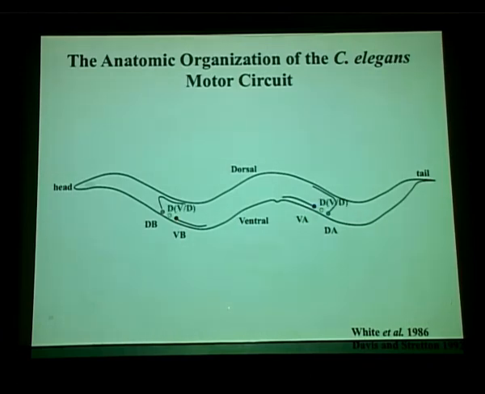A third class of motor neurons, called the D-class motor neurons, further divided into the V and D classes again, is GABAergic. These neurons receive inputs from the B or A, and because they're GABAergic, therefore inhibiting muscle contraction, they might be the component that generates body bending.